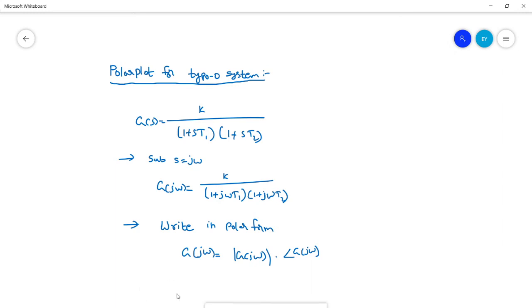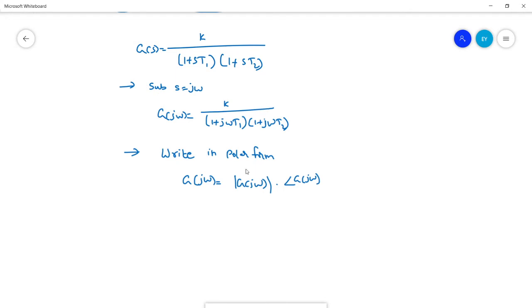We have this particular transfer function. For this transfer function, the magnitude and phase can be written as follows. The magnitude is K by root of 1 plus ω squared t1 squared, into root of 1 plus ω squared t2 squared.